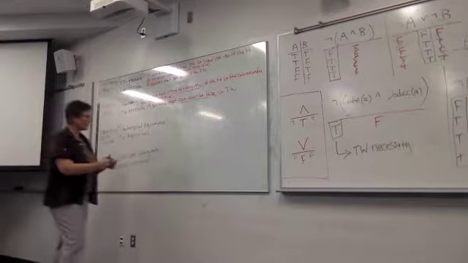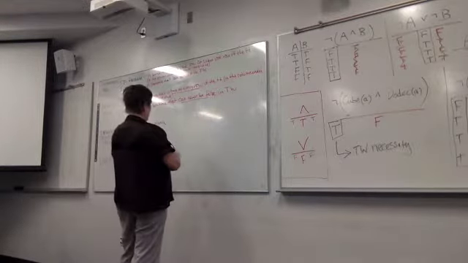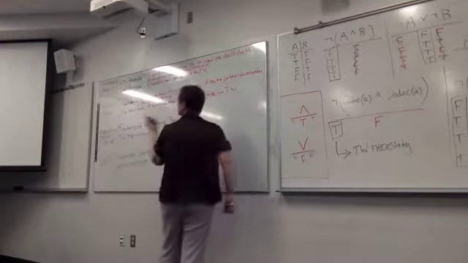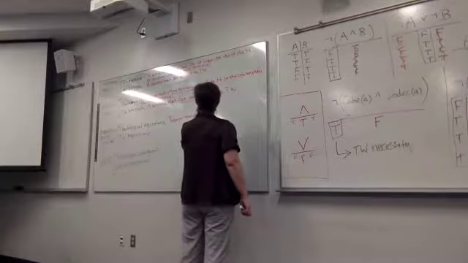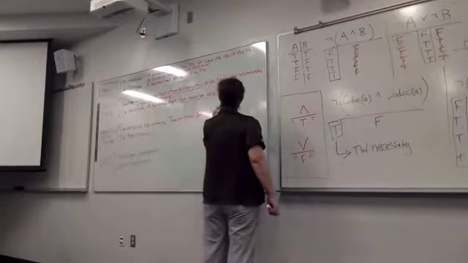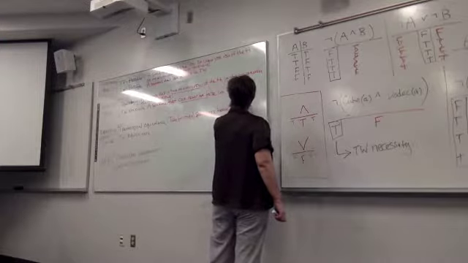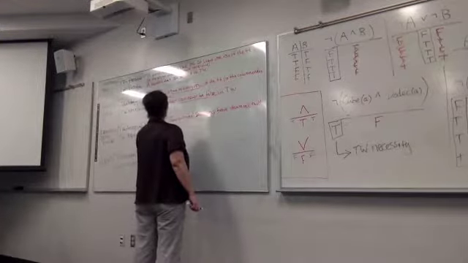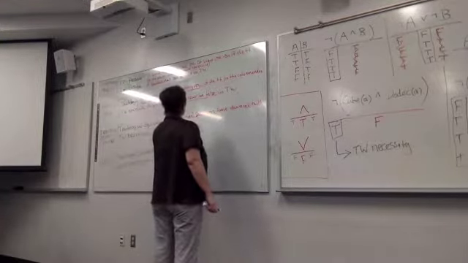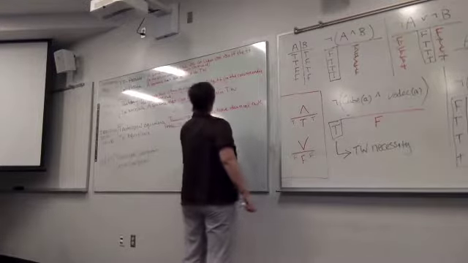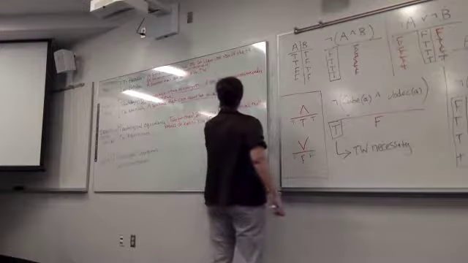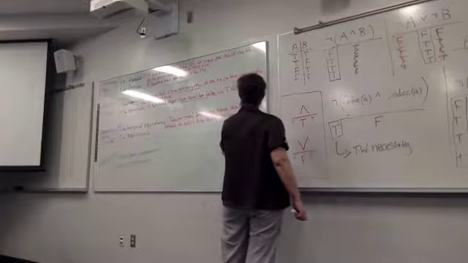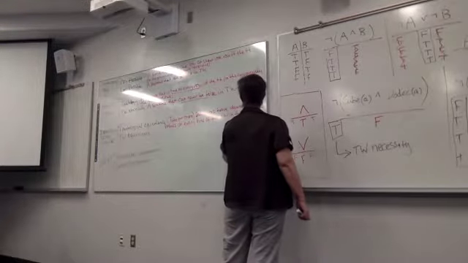So for tautological equivalence, we have two or more sentences, although we typically only deal with two. Two sentences have identical truth values on every row of the truth table, again in the column under the main connective, where that's relevant.